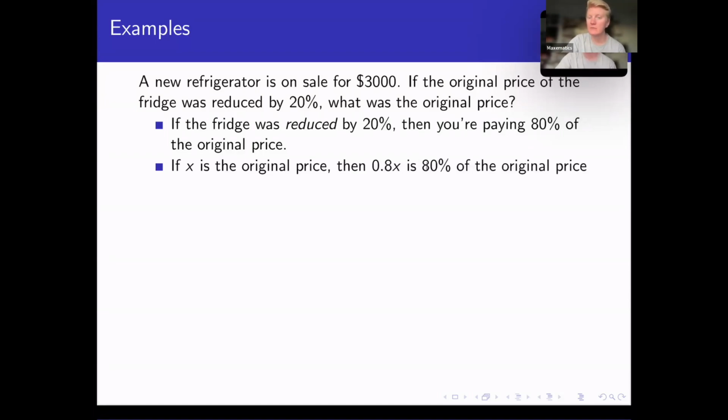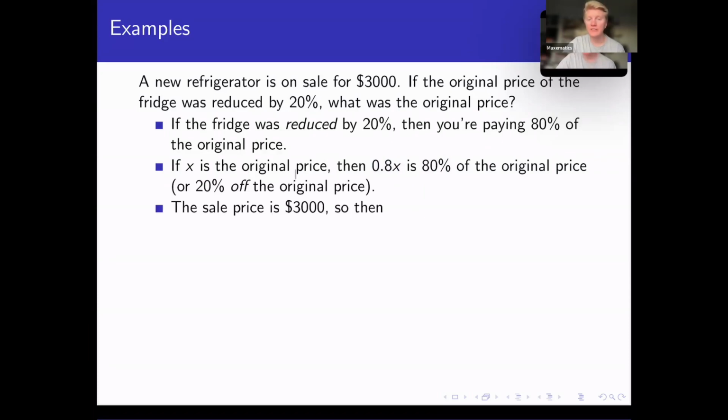So decimals and percentages, right? 80% would be 0.8. 8% would be 0.08, right? Practicing some percentages. That should sound familiar from a while ago. But yeah, so if X is the original price, then the sale price is 0.8X, or again, 20% off the original price.